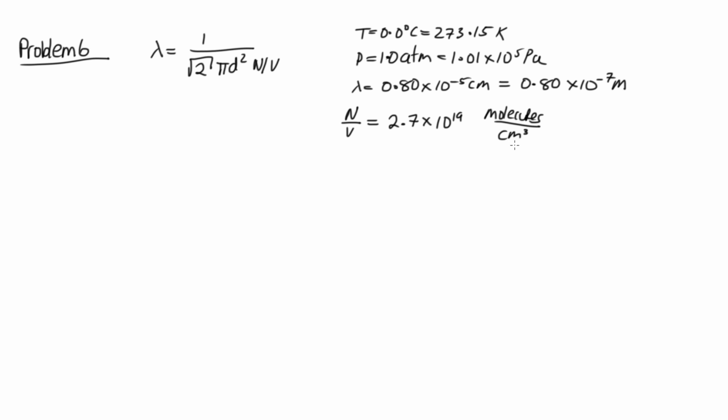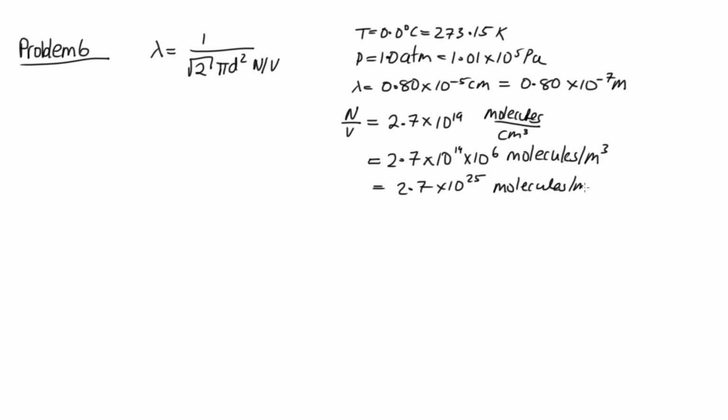So to convert from per centimeter to per meter, we'd need to times by 100. But because it's cubed, we times by 100 cubed, so 10 to the 6. So this is 2.7 times 10 to the 19 times 10 to the 6 molecules per meter cubed. Or we could write it as 2.7 times 10 to the 25 molecules per meter cubed.